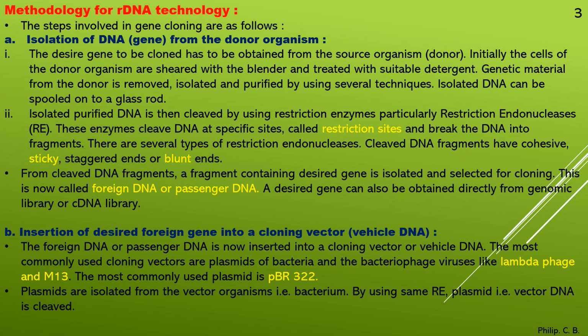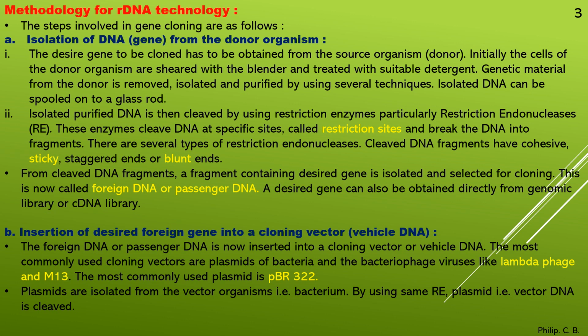Second, insertion of the desired foreign gene into a cloning vector or vehicle DNA, from which we can multiply or acquire the particular gene of interest by cloning. The foreign DNA or passenger DNA is now inserted into a cloning vector or vehicle DNA. The most commonly used cloning vectors are plasmids of bacteria and bacteriophage viruses like lambda phage and M13.